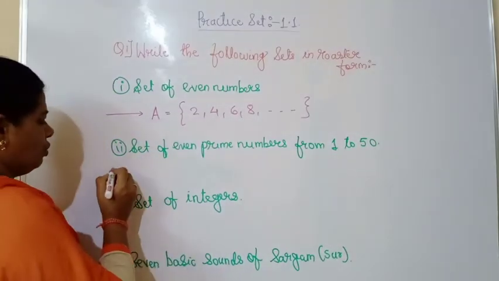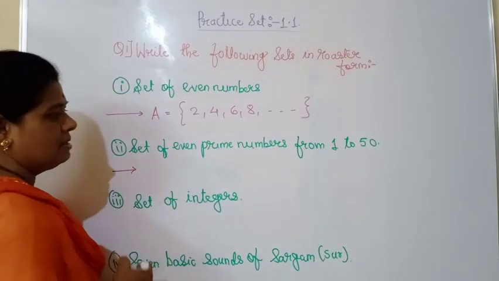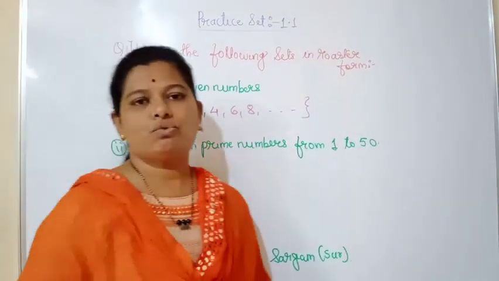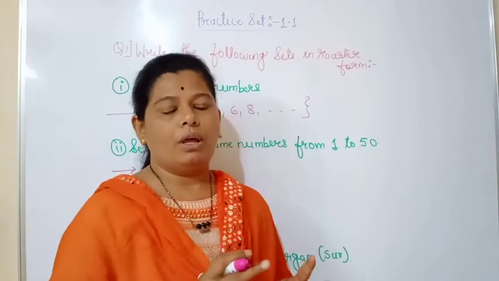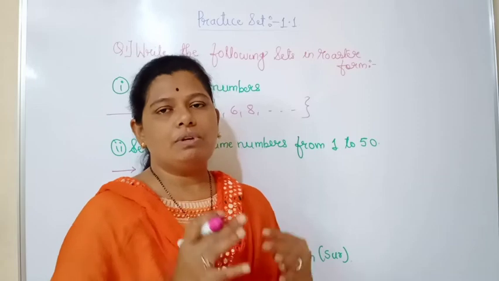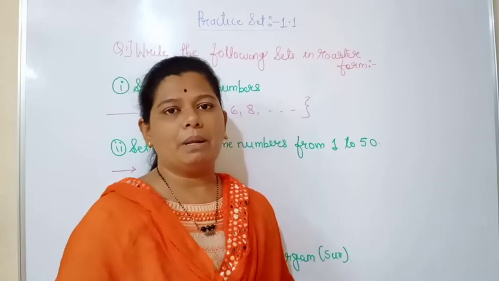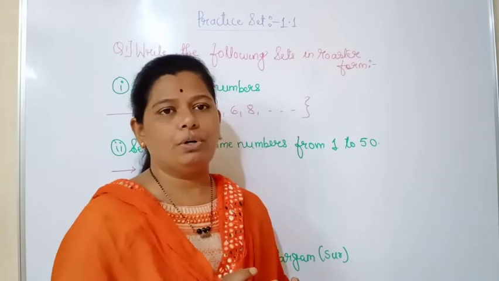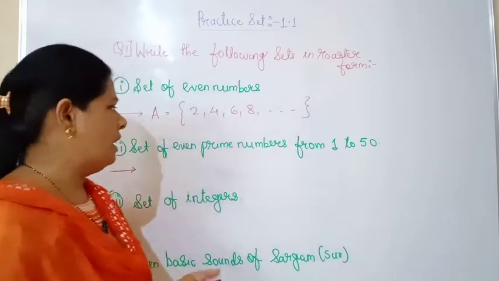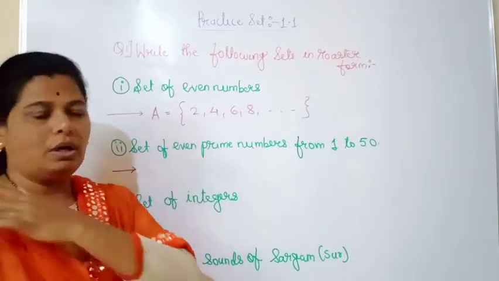Now we will go towards the next question, that is the even prime numbers from 1 to 50. First of all, all of you know the prime numbers. We will just refer to prime numbers first. Forget about the even.